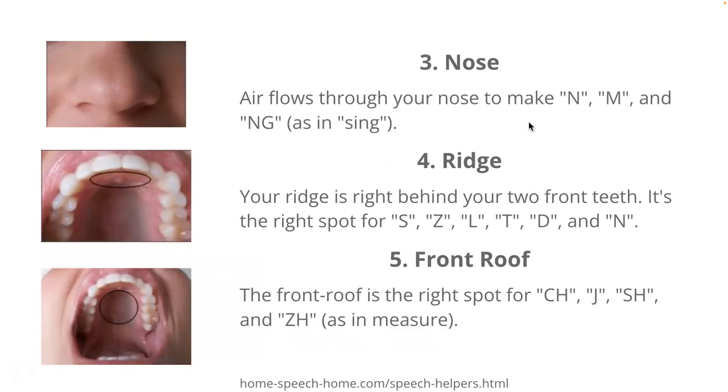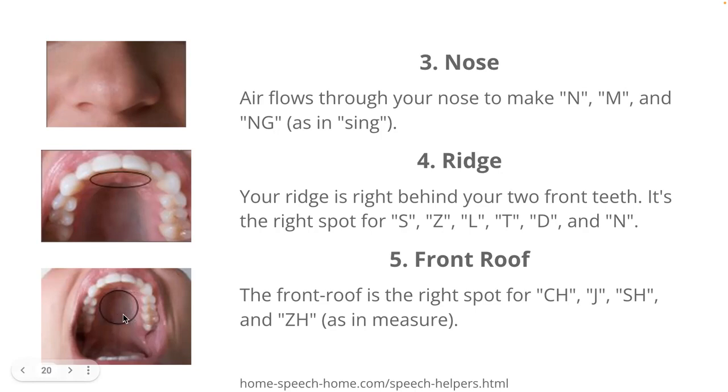For your nose, you can kind of feel that vibration in your nose as you make the m and n sounds. And the ridge just behind your two front teeth is where you make the s, l, t, d, and n sounds.